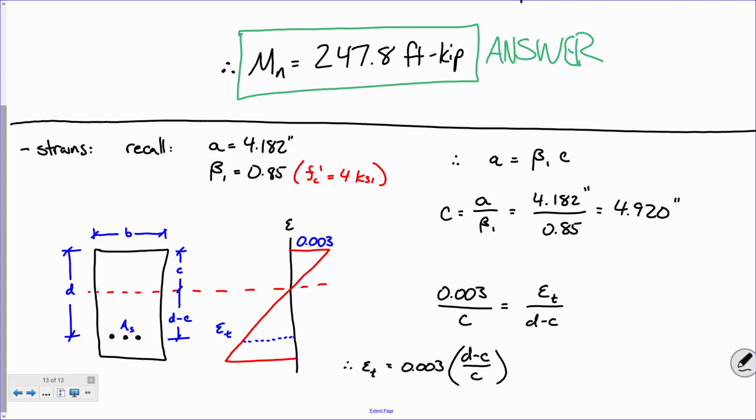So that is 0.003 times, what is d? You tell me. 23 inches minus 4.920.